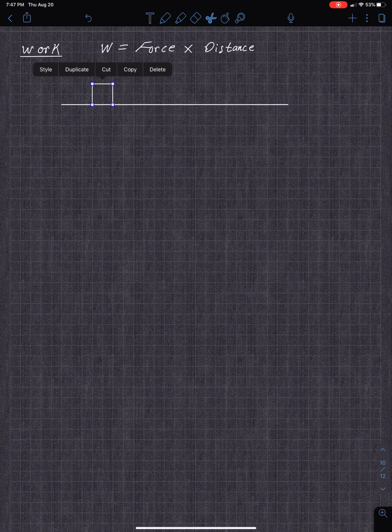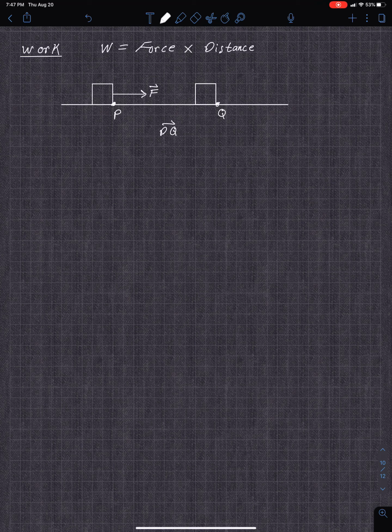You want to move that object, or push it. So if the force is in the same direction that you want to move it, like that, that's your F, or your force vector. Then let's pick this point P, and then we'll go to this point Q. Then that's your vector PQ. You can create that vector.